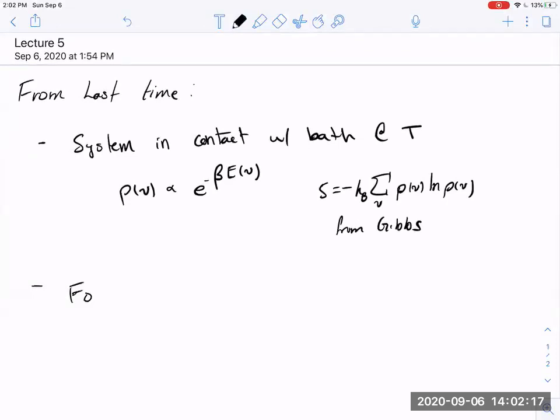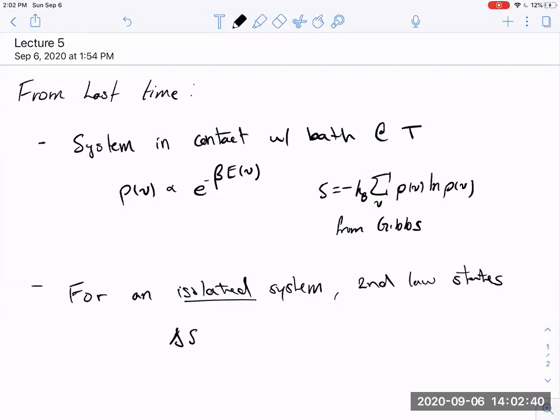If we go back to an isolated system, a statement of the second law is that the change in the entropy in that isolated system, an isolated system being one in which the energy and all associated mechanical variables are fixed, is greater than or equal to 0 in a spontaneous process.